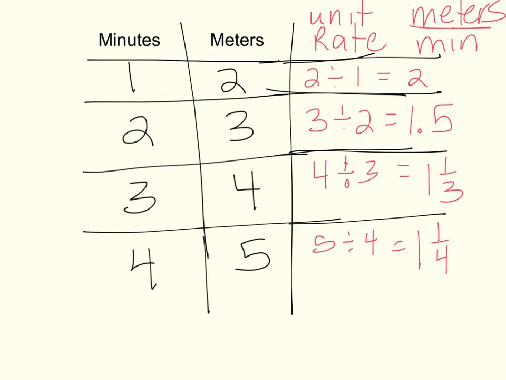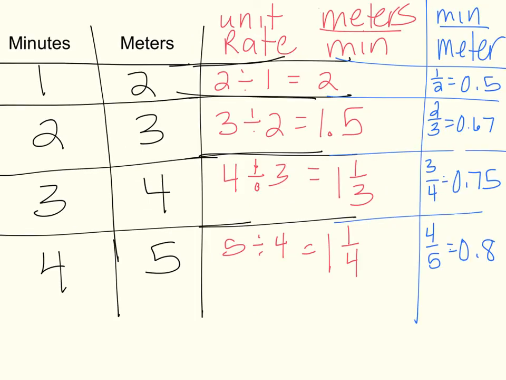So the unit rates that you should have gotten should look like this. So you should have gotten 2 meters per minute, or 1.5 meters per minute, 1 1/3 meters per minute, or 1 1/4 meters per minute. You also could have done the reverse unit rate, which is minutes per meter, and you would have gotten, let me do that work quick, let me pause it.